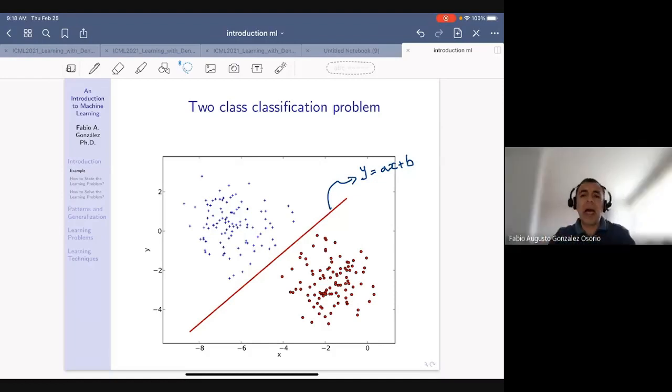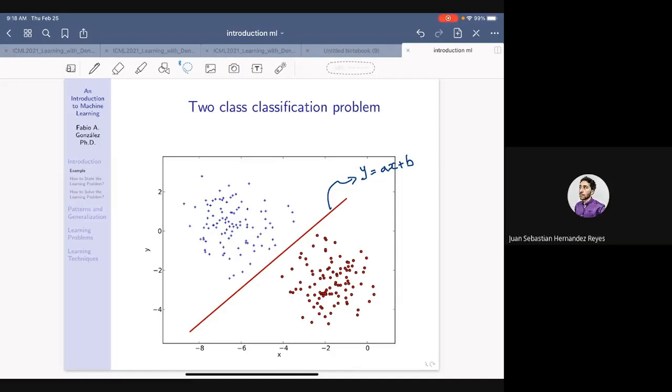Yes, I was expecting that answer. You can use, for instance, logistic regression. So what does logistic regression do? How does it work inside? What does it do to find those values?